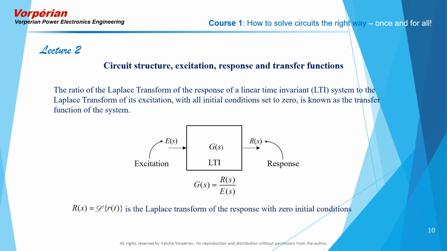So we write that R(s) is the Laplace transform of the response, where r(t) is the time domain response. We take its Laplace transform. And E(s) is the Laplace transform of e(t), which is the time domain excitation. And the ratio of the two gives us the transfer function, the definition of a transfer function.